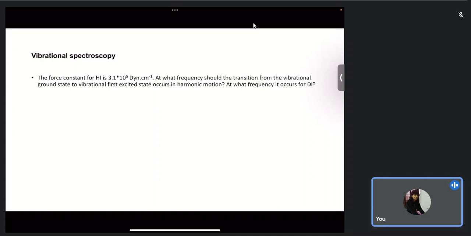The first question is to find the frequency of vibrational transition given a force constant.